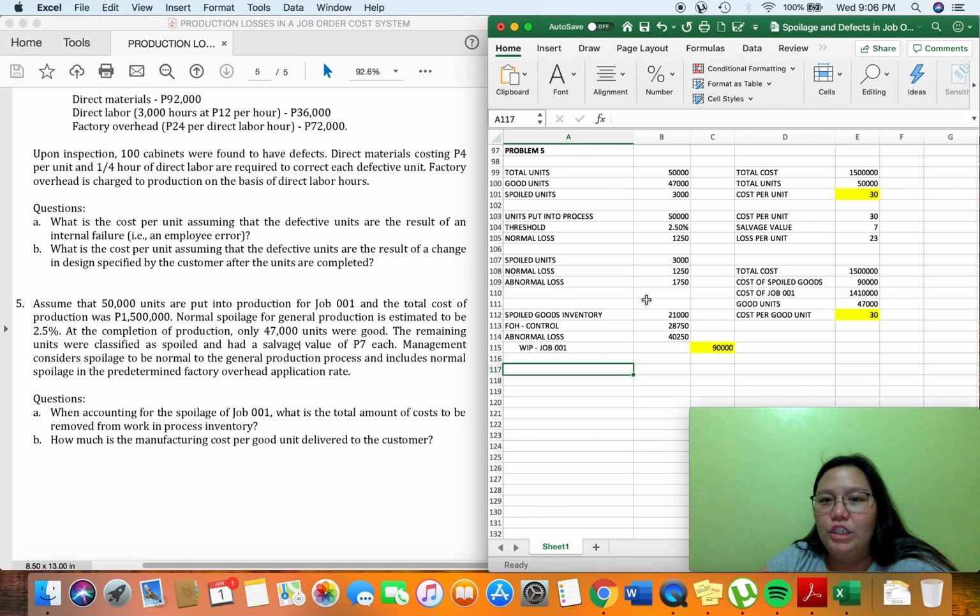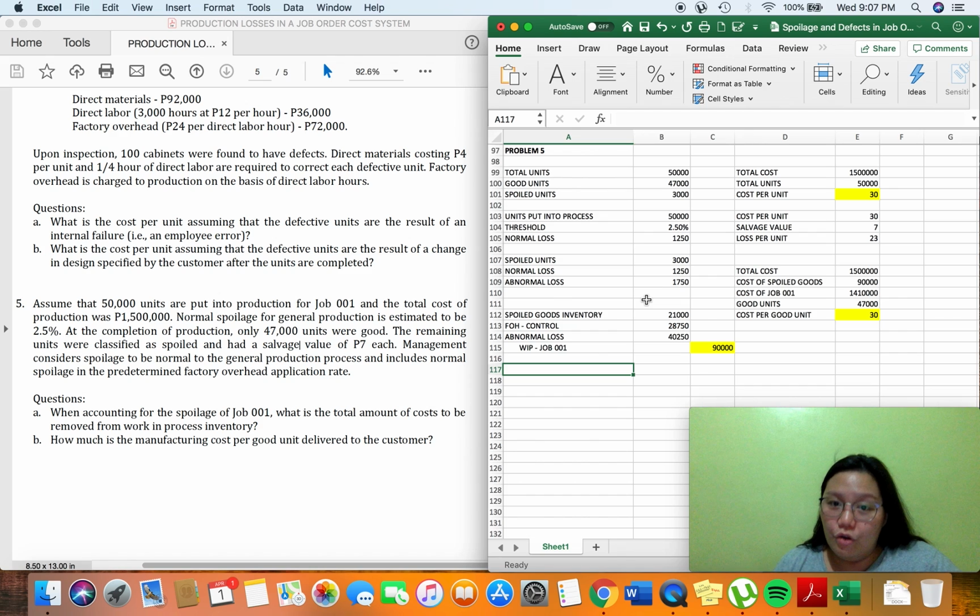So ayan po siya. So again to summarize, diba, normal loss is considered, the company sets the threshold kung ano yung i-consider nila na normal, and then anything beyond the normal, the threshold set by the company, is considered as abnormal.